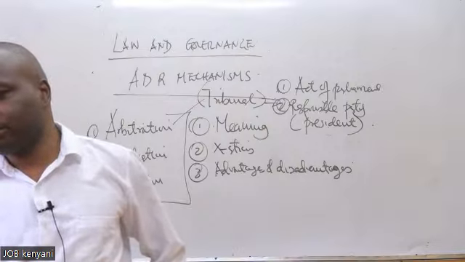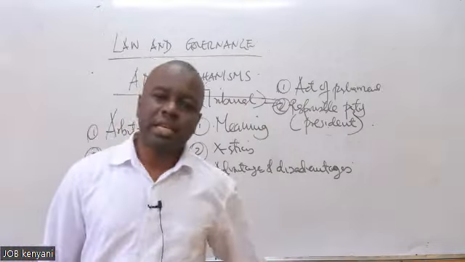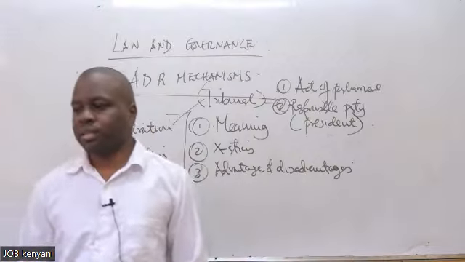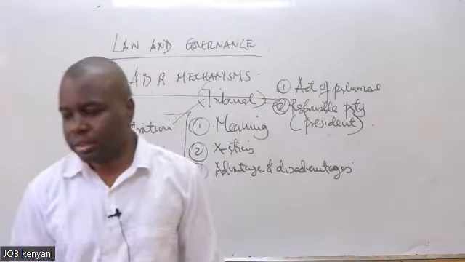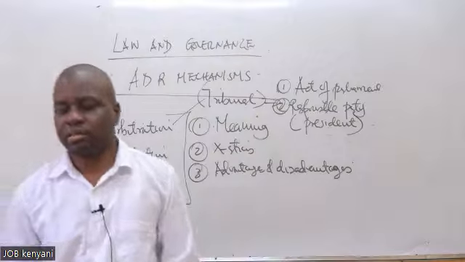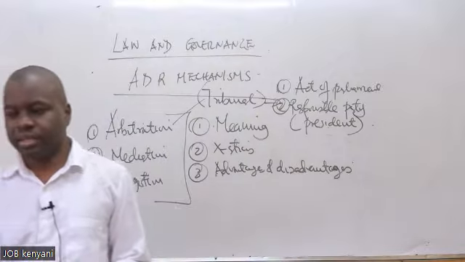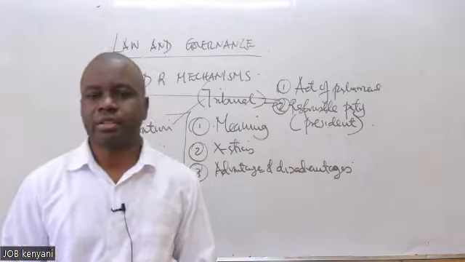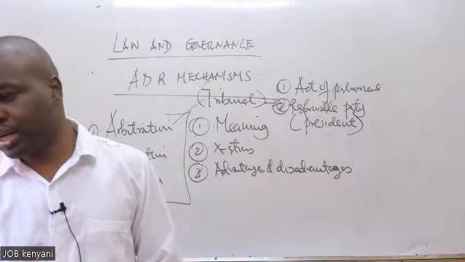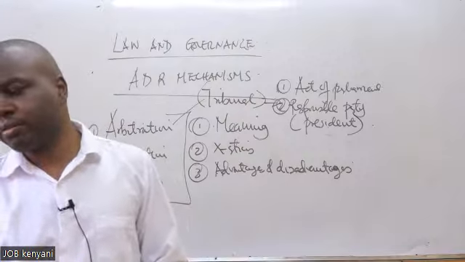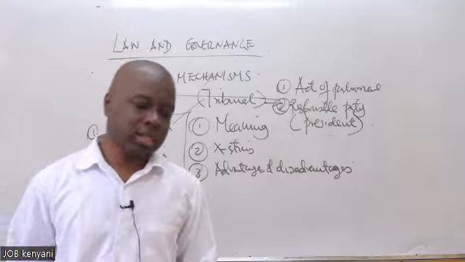So the advantages, just from the characteristics, it is very confidential and very flexible. The parties are likely to conform to what they have agreed upon because they agree, for example, to cede part of the ground.